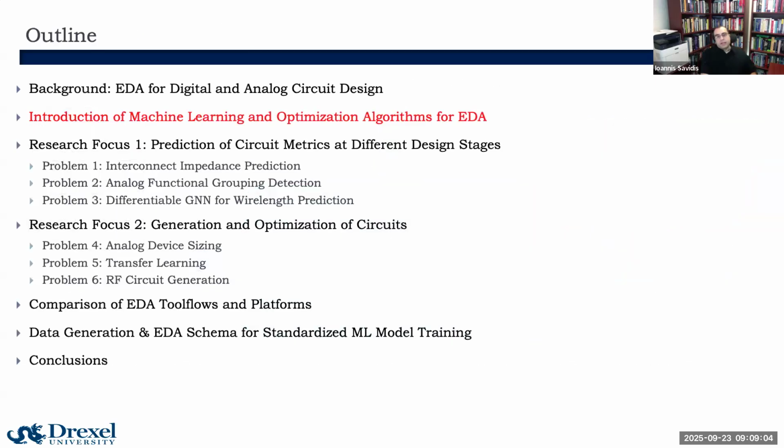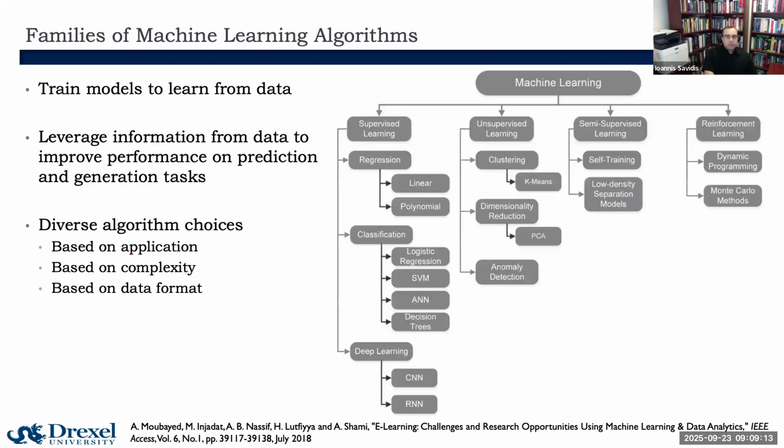So in the next section, I'm going to briefly introduce some learning and optimization algorithms that are applied to EDA problems. At a high level, machine learning involves training models to learn from data, utilizing a diverse set of algorithms, as shown in the figure.